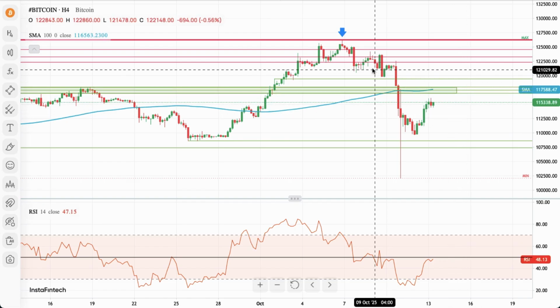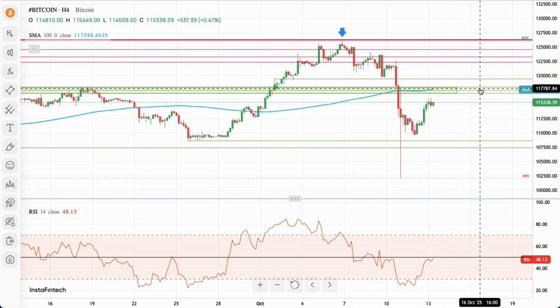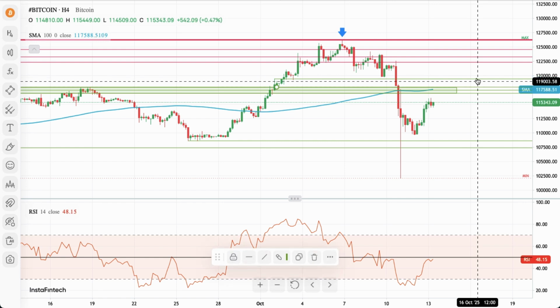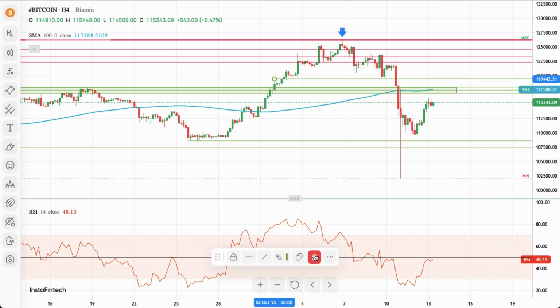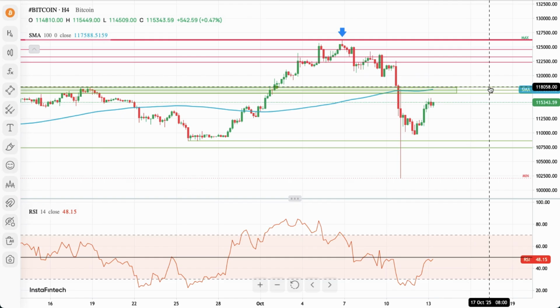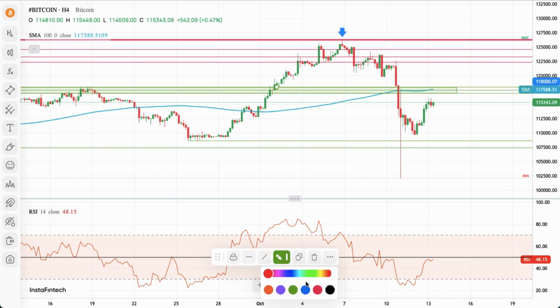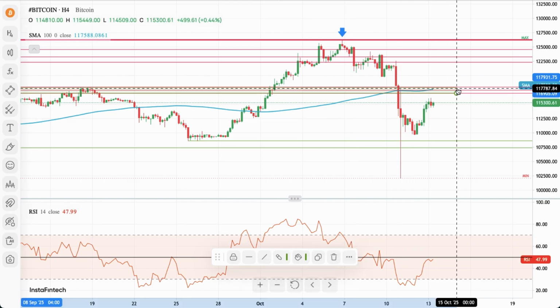However, we lost our supports, because the resistance was broken anyway. So this is the supply zone back again. So we flip to the other side.